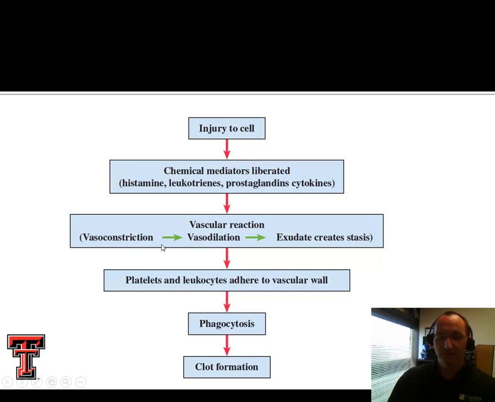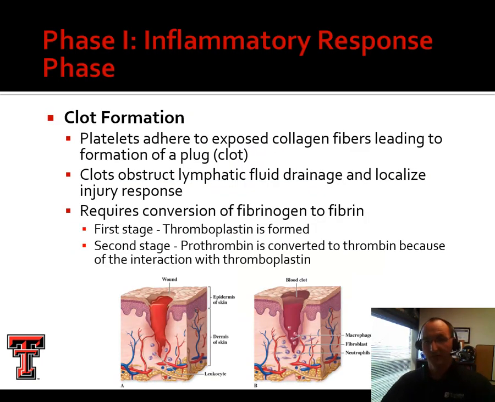We get this initial vasoconstriction followed by vasodilation, and then we end up with kind of this static change so that nothing really changes. The end result here we see is phagocytosis results in cleaning of the debris, if you will, and then this clot formation forms kind of a temporary plug so that we can minimize further losses due to a lack of oxygen.